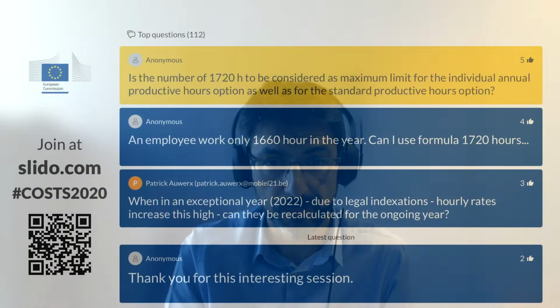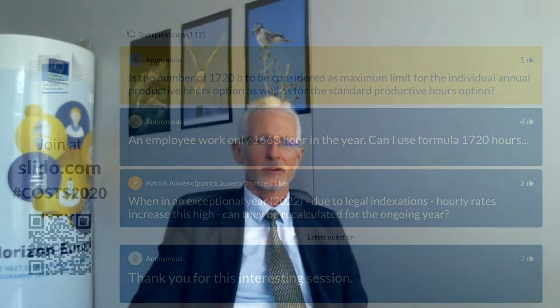Yes, maybe just for the purpose of illustration, the example that David just mentioned: if you charge the full personnel costs of a person to the project, it doesn't matter which option you choose. In the 1720 option, the limit for charging is 1720, but the hourly rate will be a bit higher.